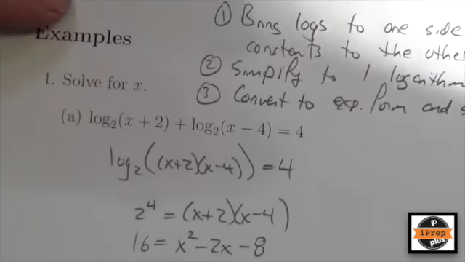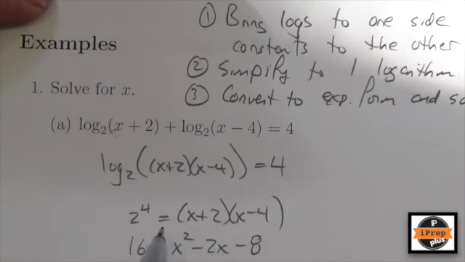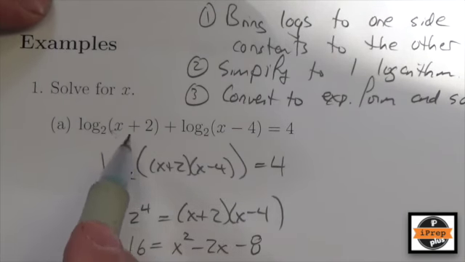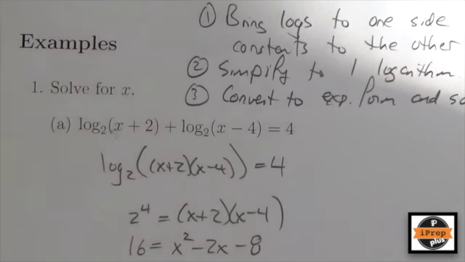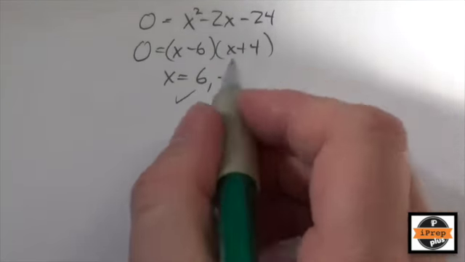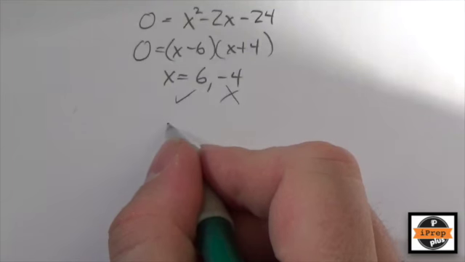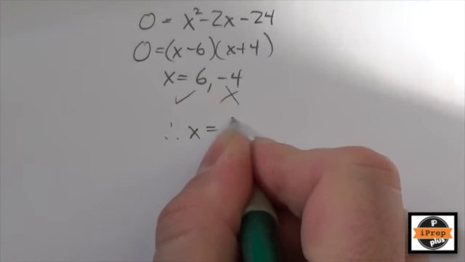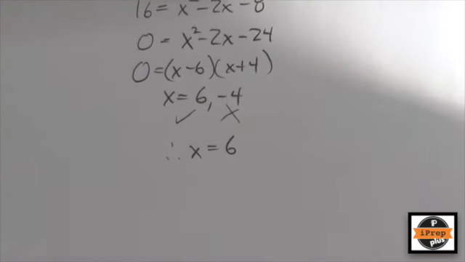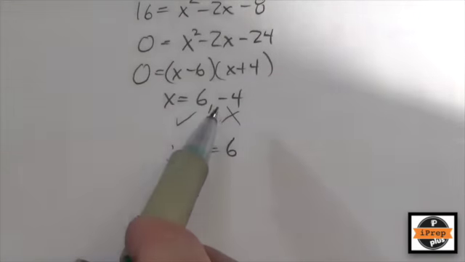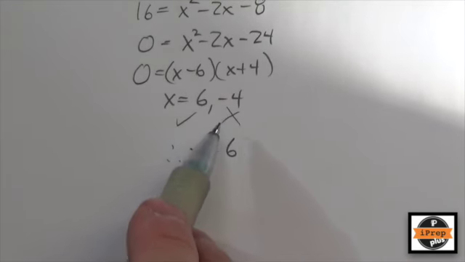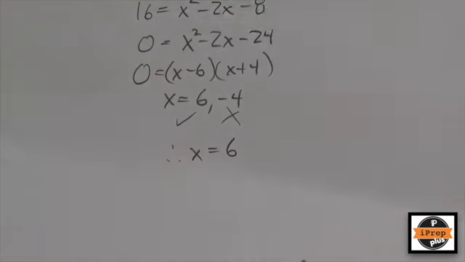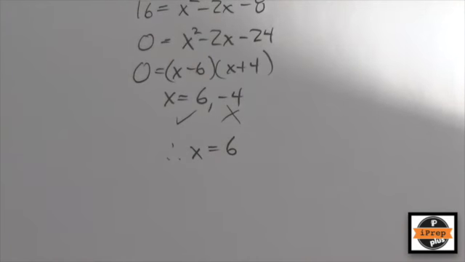Let's take a look at negative 4. Negative 4 plus 2 is negative 2. That ends up forcing me to take the log of a negative number. Can't do that. So the answer therefore is x is equal to 6. Now, you're going to see in a little while that you cannot just ignore a root just because it's negative. But in this case, that negative forces us to take the log of a negative, and we can't do that.